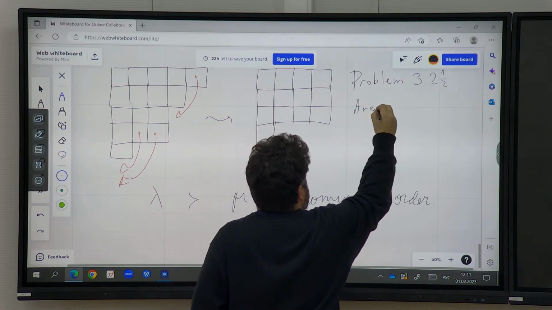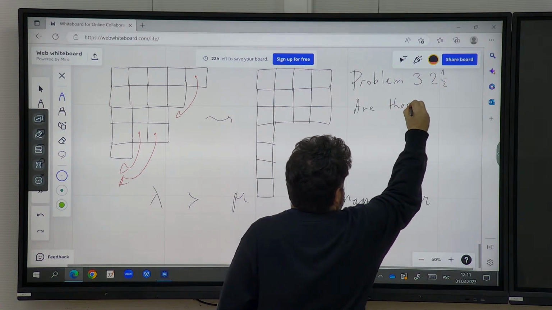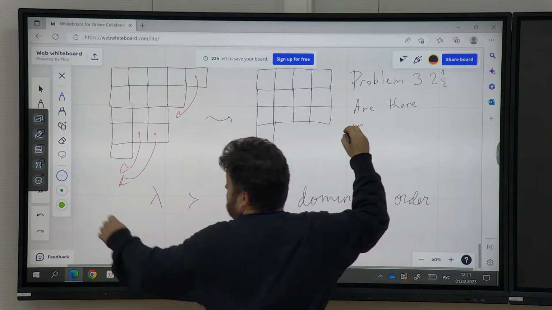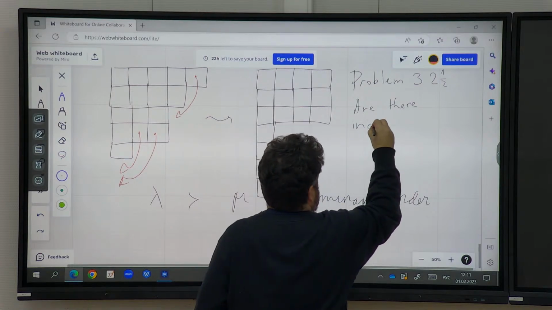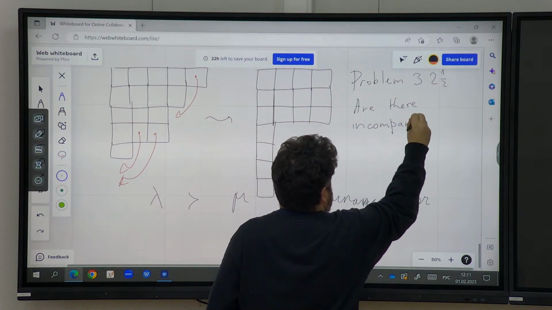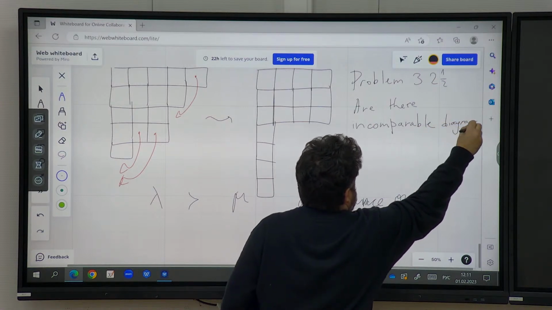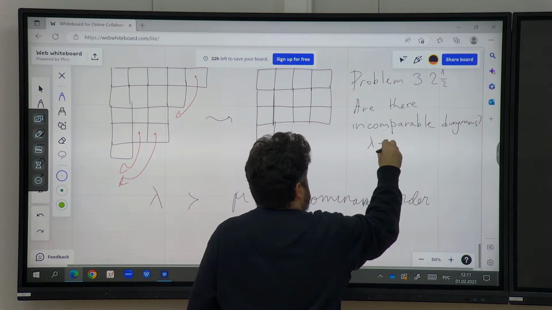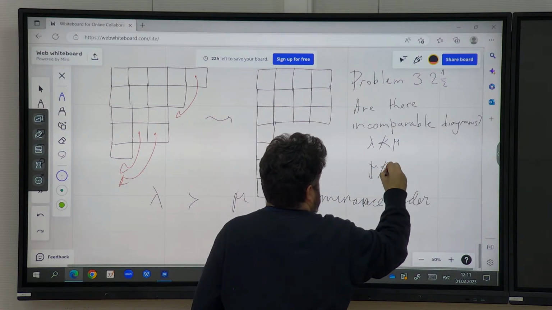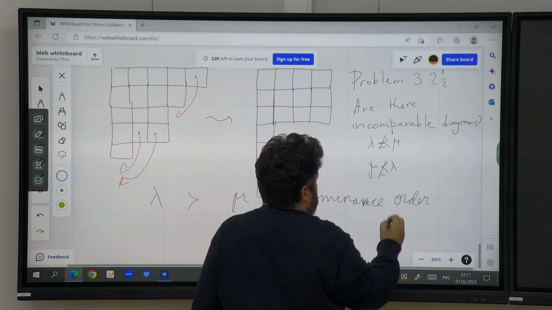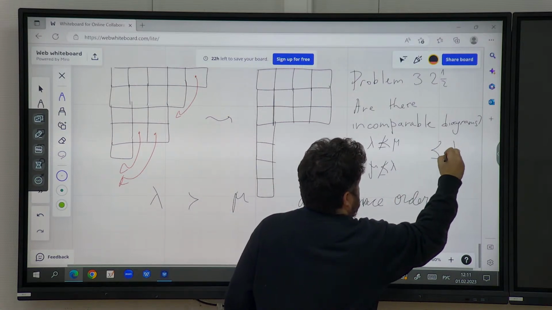Find the diagrams. Are there incomparable diagrams? So is it that lambda does not dominate mu and mu does not dominate lambda? So this is the dominance order.